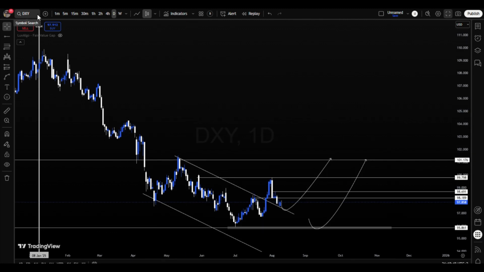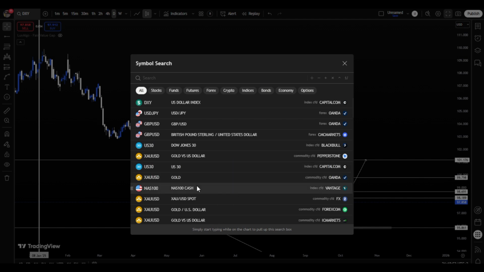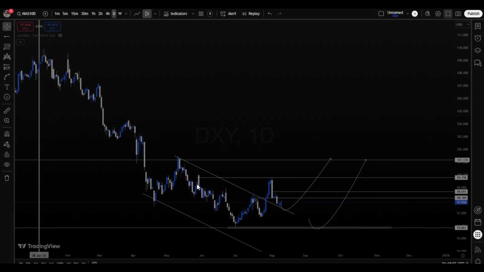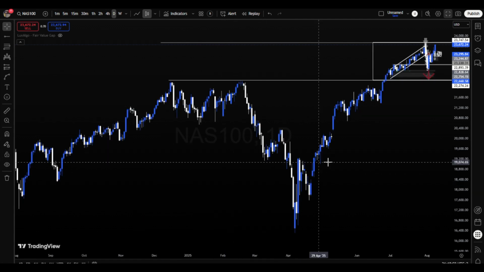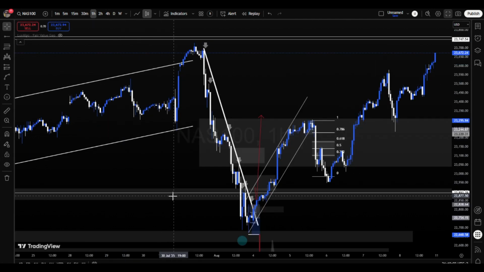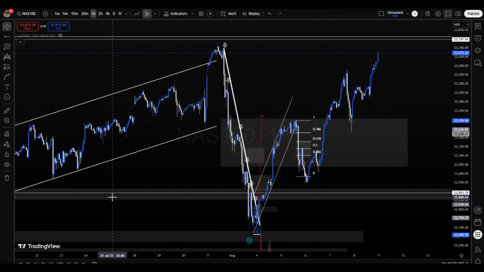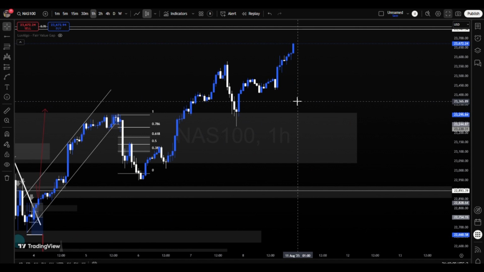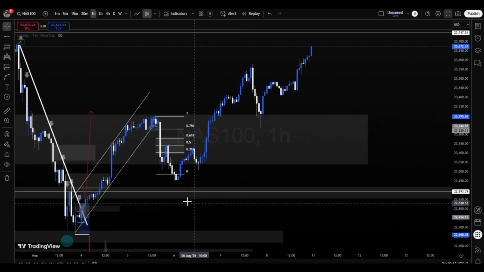So let's move quickly to NAS100. So this is NAS100, by the way. Let's see what's happened. It's moved the way that it is going to move, but this is the same move that is going to happen on USD. See, this is the same move that will happen on USD.